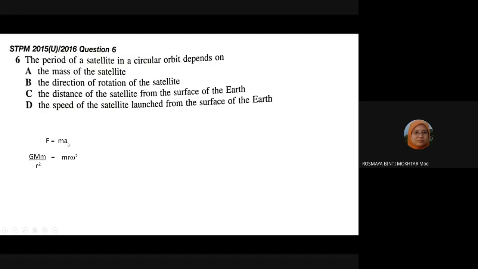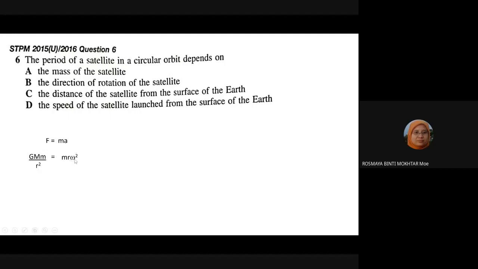On the other side, we substitute r omega squared into the equation because this is circular motion. So this is where this equation comes from, from F equals ma. To determine the period, we use mr omega squared. To determine the speed, you use mv squared per r.